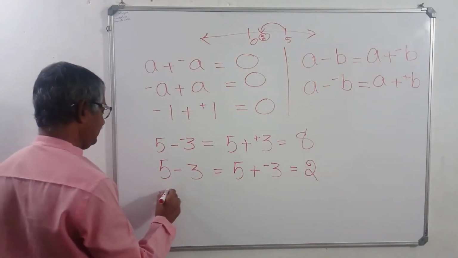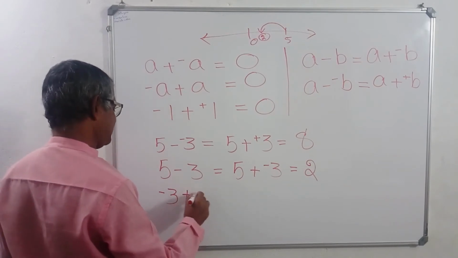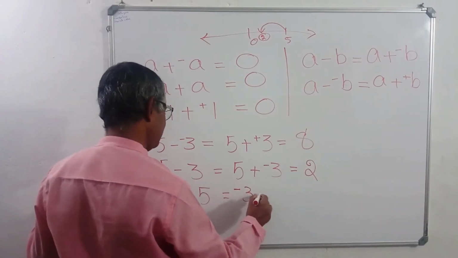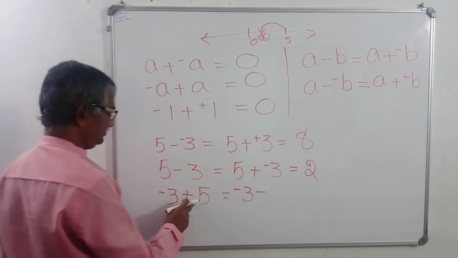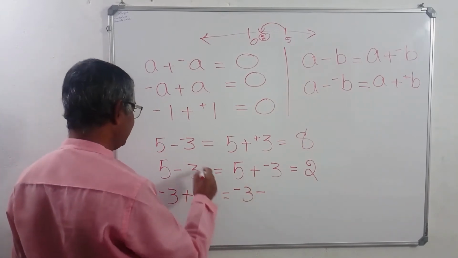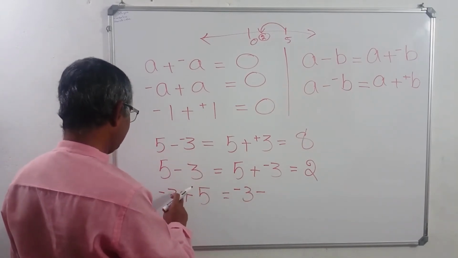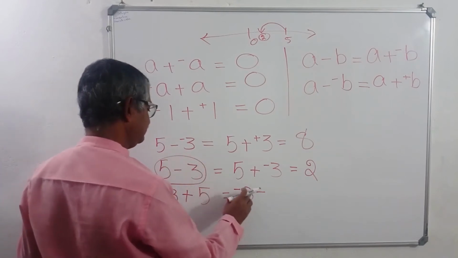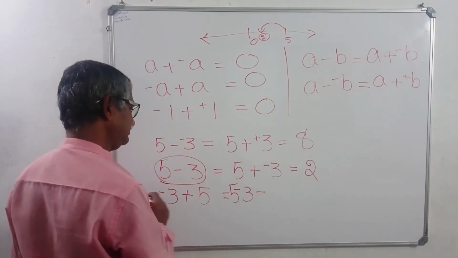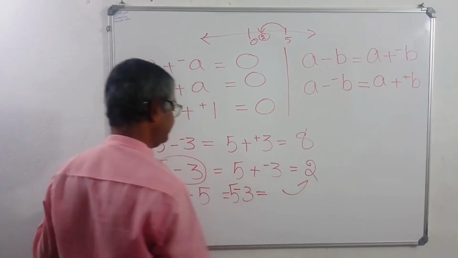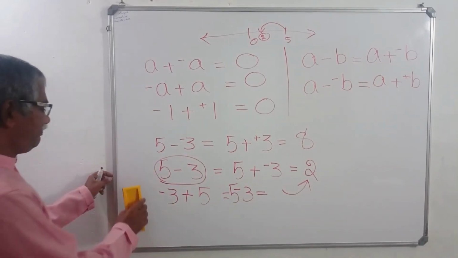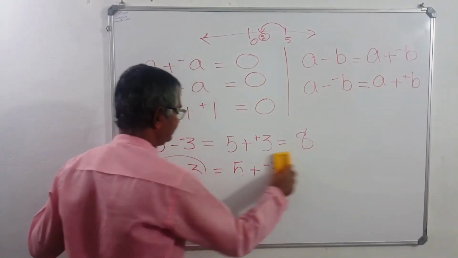Again, negative 3 plus 5. What does it mean? Negative 3 plus 5 means 3 less, 5 more. So the result will be the same. So simply we can write it as 5 minus 3. The answer will be the same. Thus, we can change the position of an integer.